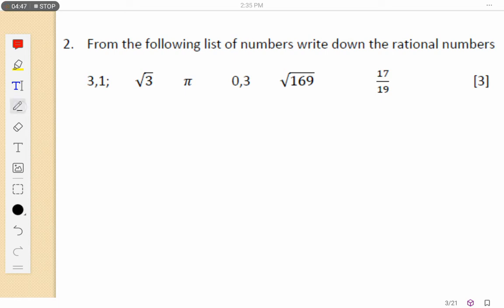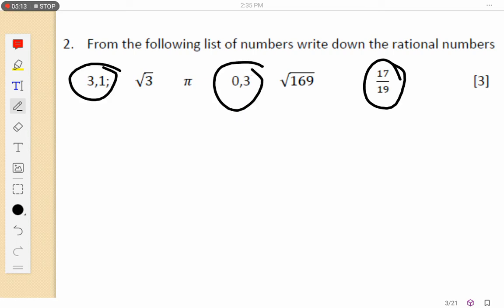So from that statement, 17 over 19 is a rational number. All decimals that terminate, that end, are also rational numbers. So 3.1 is another rational number and 0.3 is a rational number.